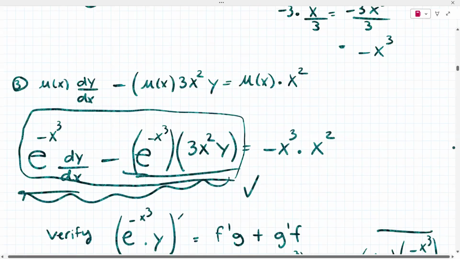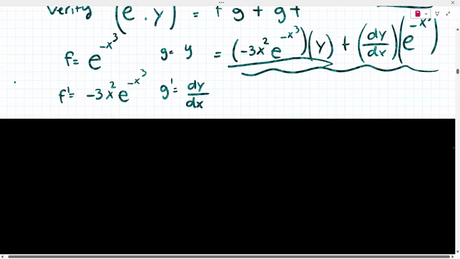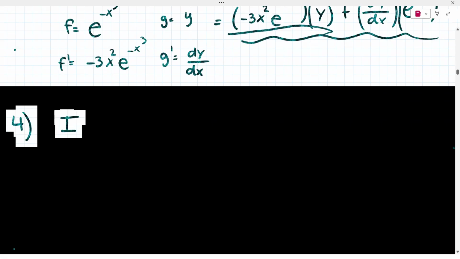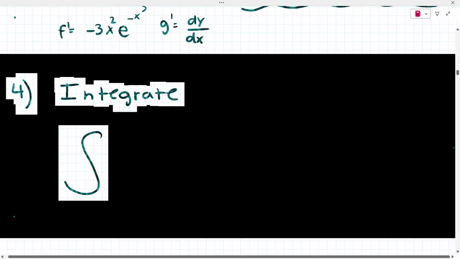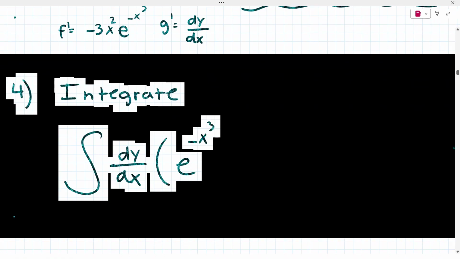So the next step is we're going to integrate both sides. On the left side, it's the integration of dy dx of e to the negative x cubed y.